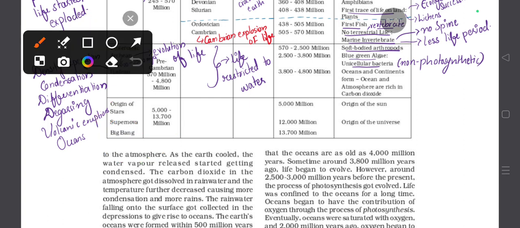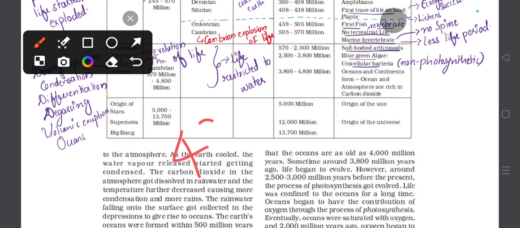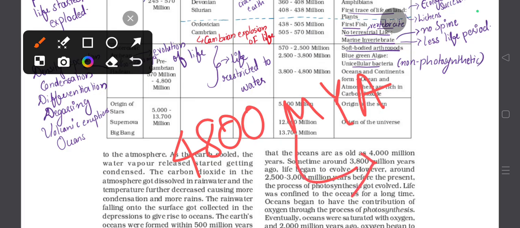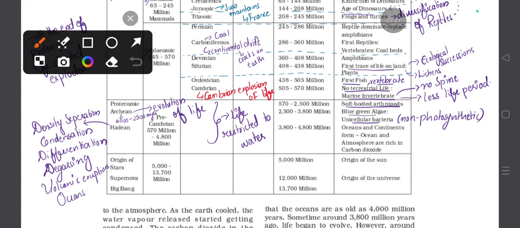This was happening till 4,800 million years ago. After the Earth originated, the evolution part will be studied under different eons, epochs, periods, ages and many more. So we have to mainly concentrate from this particular point of time, that is 4,800 million years ago.